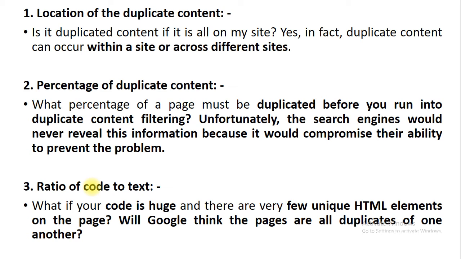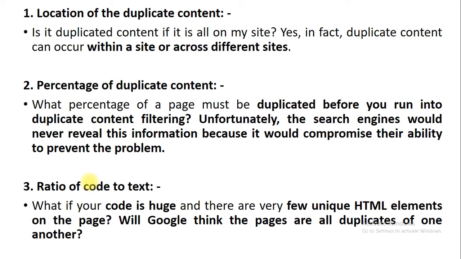Let me repeat these 5 points once again. Number 1, location of duplicate content. The location of your duplicate content may be within the same website or within a different website. Next is called percentage of duplicate content.